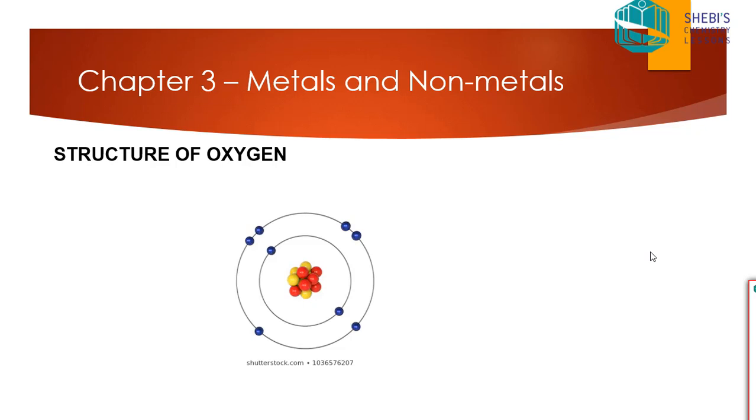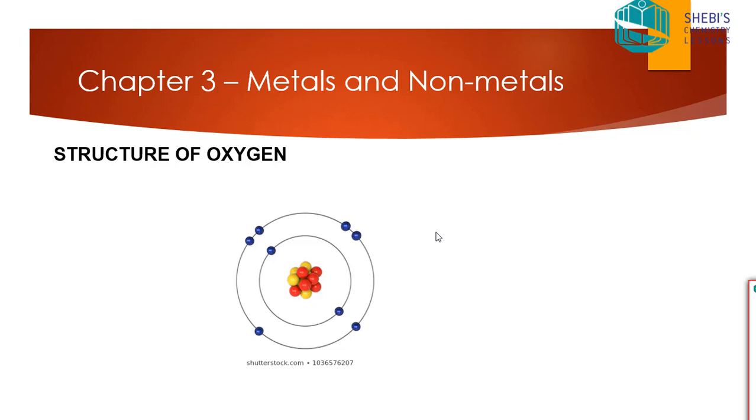Therefore, total 8 electrons are there. Electronic configuration is 2, 6. In the last shell you can count 1, 2, 3, 4, 5, 6, and 2 unpaired electrons are there, right?